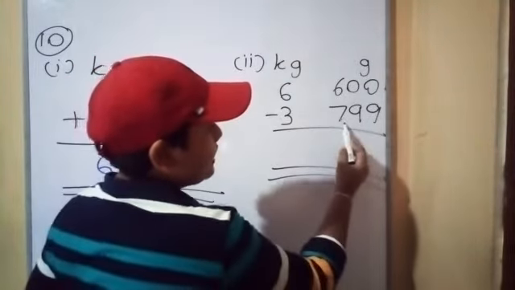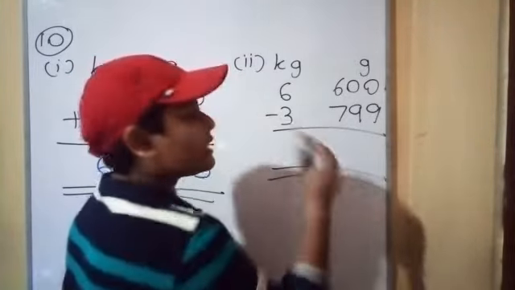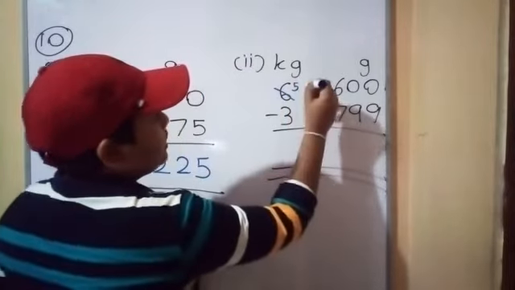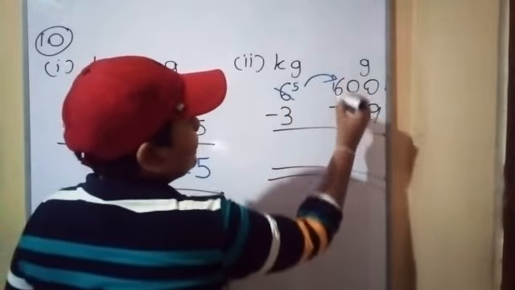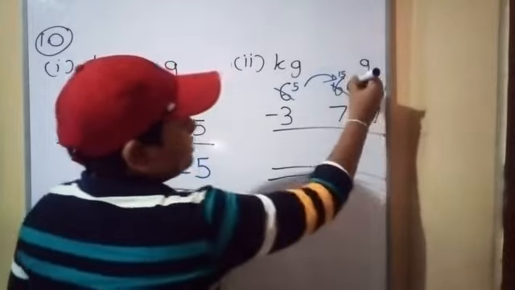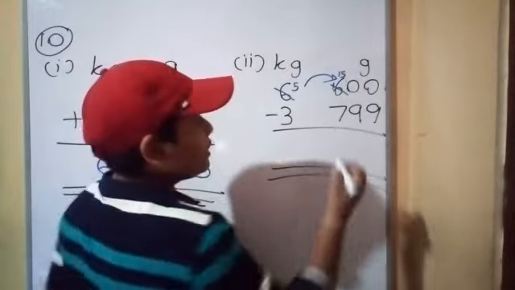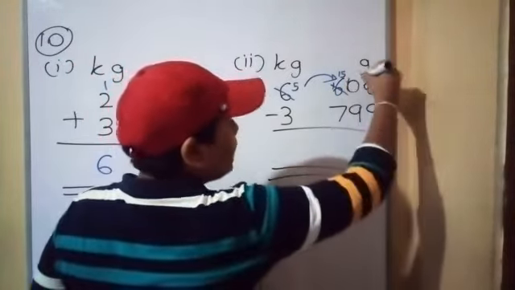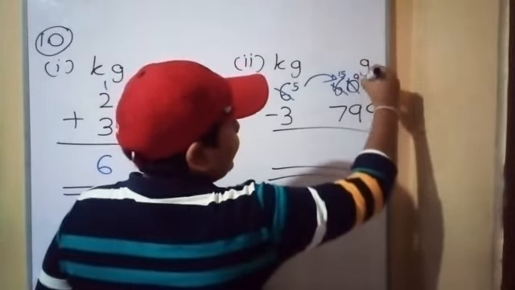Second one, the subtraction. You can't subtract 799 from 600, so you need to borrow a 1. Now there are 16 here. The next place also has 0, so you borrow from the one after it, and cut it down.